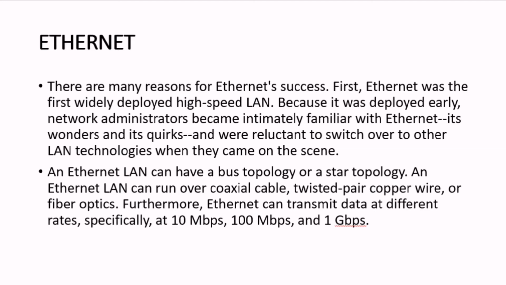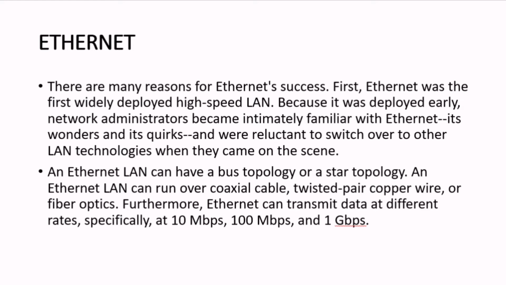Furthermore, Ethernet can transmit data at different rates, specifically at 10 megabits per second, 100 megabits per second, or 1 gigabit per second, depending on the medium used. For example, coaxial cable can go up to 1 gigabit per second.